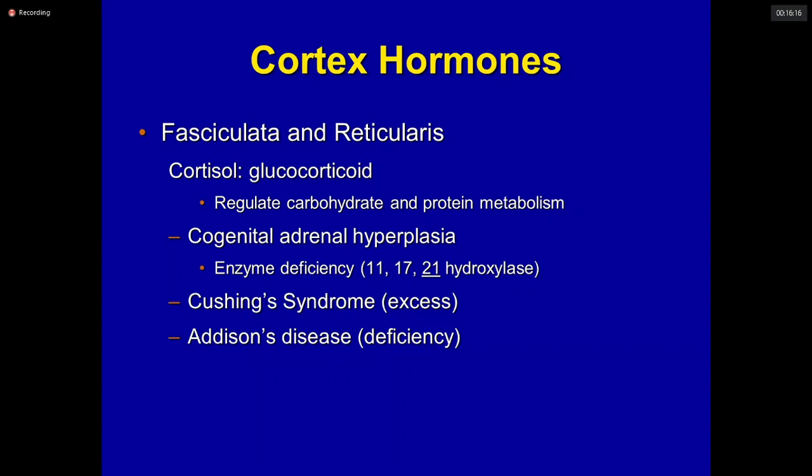You will read in detail about congenital adrenal hyperplasia, the different types related to different enzyme deficiencies. But our main discussion here will be around Cushing syndrome, which is the excess state, and Addison disease, which is the deficiency state.